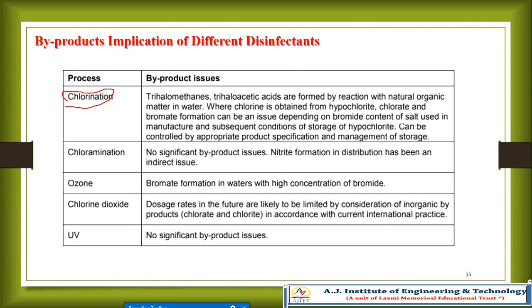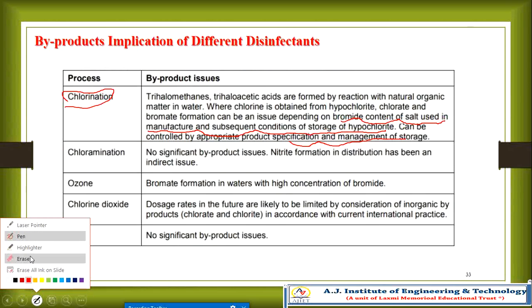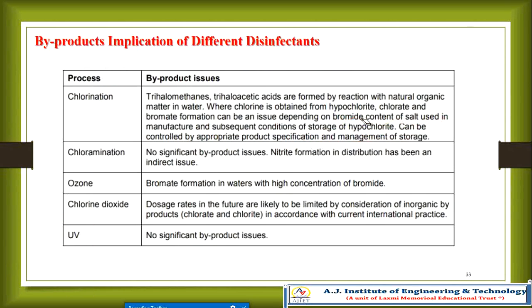The bromine content and salt used in the manufacture and subsequent storage conditions of hypochlorite can be controlled by appropriate product specification and management of the storage.